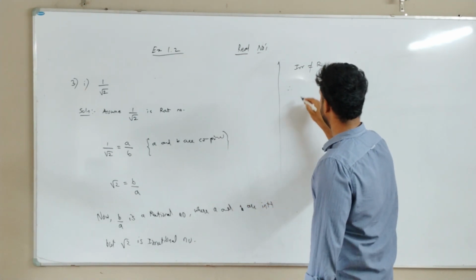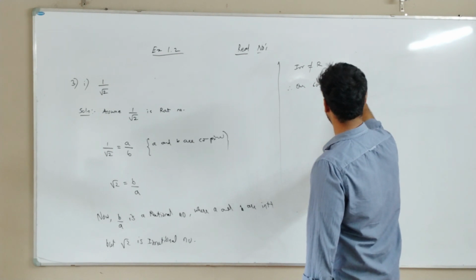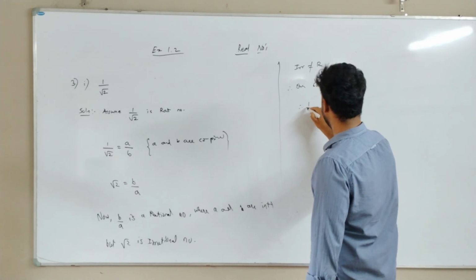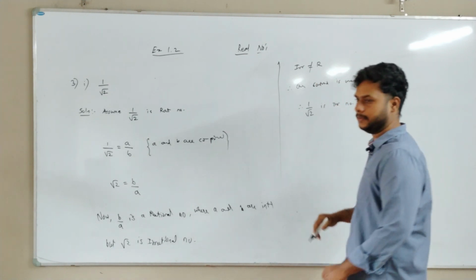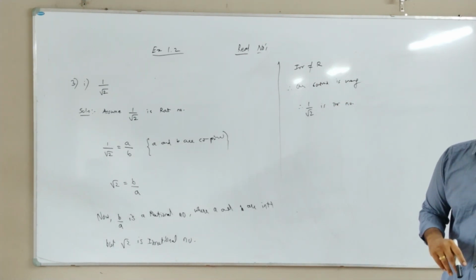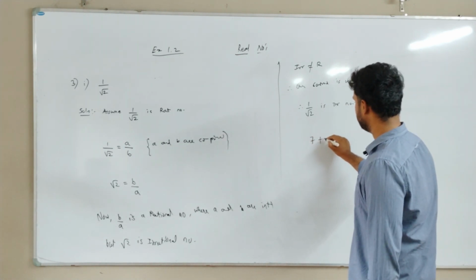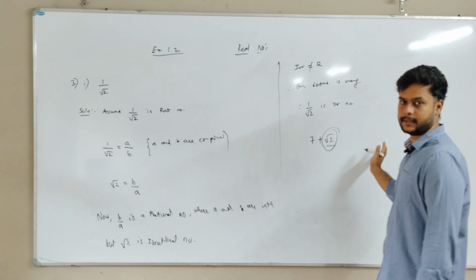Therefore, our contradiction is wrong, false. Therefore, 1 by root 2 is an irrational number. Any doubts? Same story. Now two further sums are there. Whatever it might be, like 7 plus root 2, keep root 2, send everything to this side. Then you will get irrational is equal to rational.